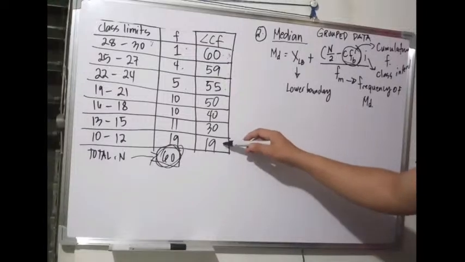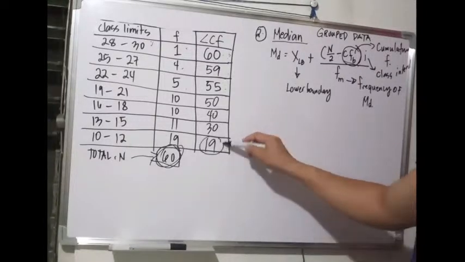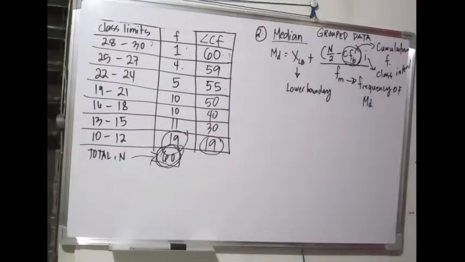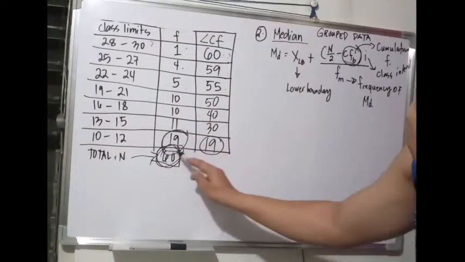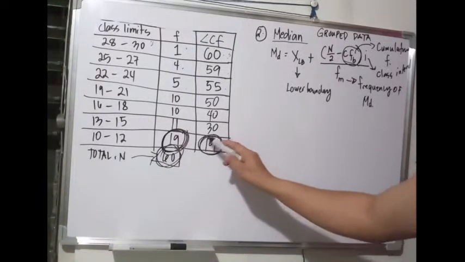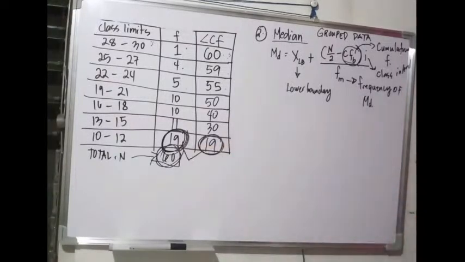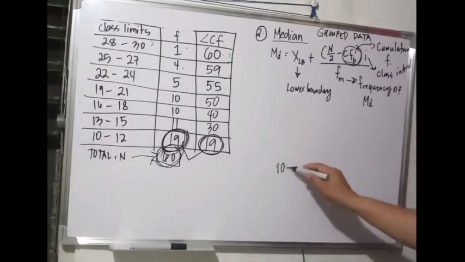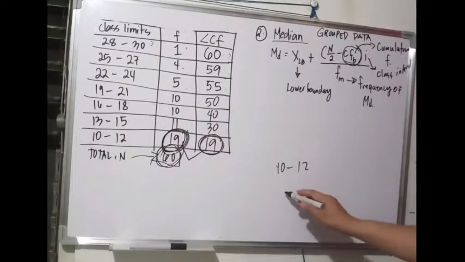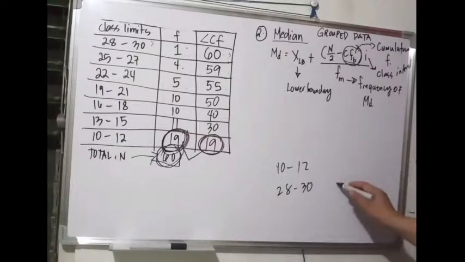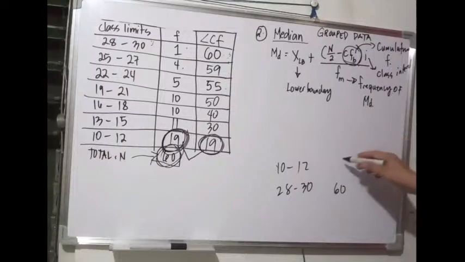Tandaan, ang last cumulative, mag-base yan pa rin sa last value of the frequency. Dapat the same itong last frequency and the last cumulative frequency, 19. Okay, kung example nasa baba yung lower value natin, 10 to 12, then this one is 28 to 30. So dito yung 60. So ang 19 pa rin dito sa taas kasi 19 yung frequency.